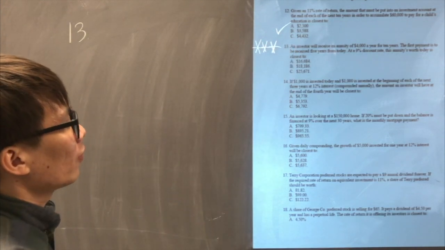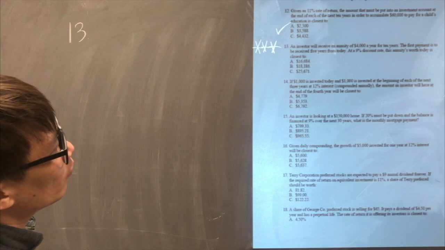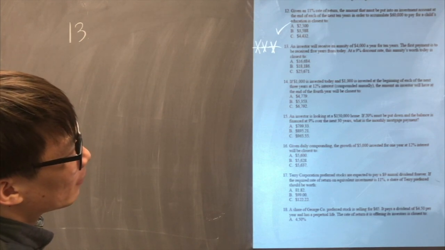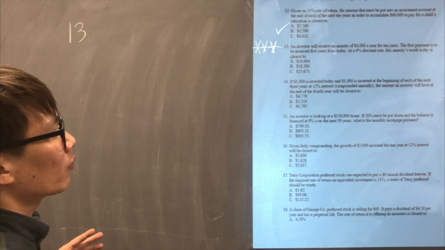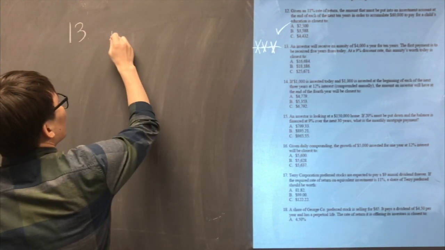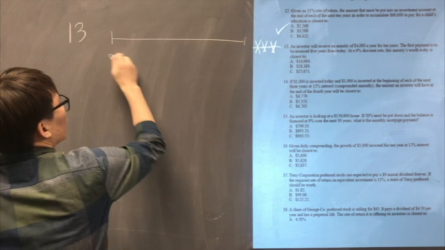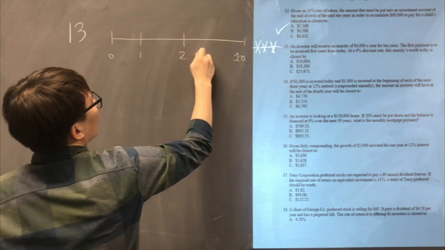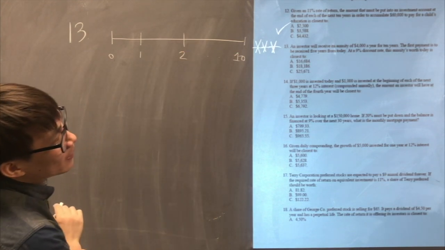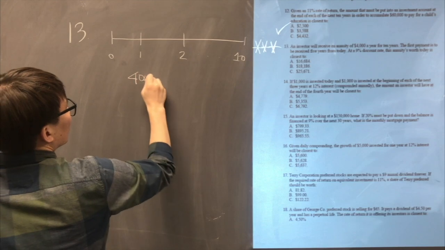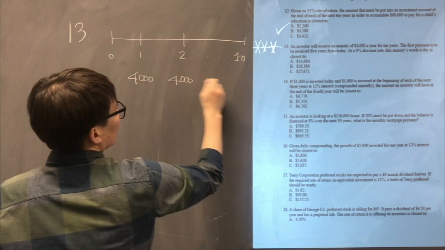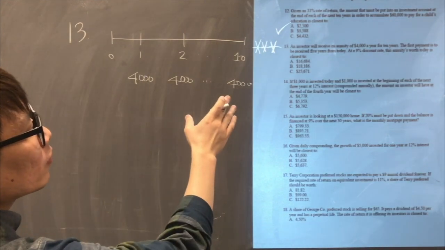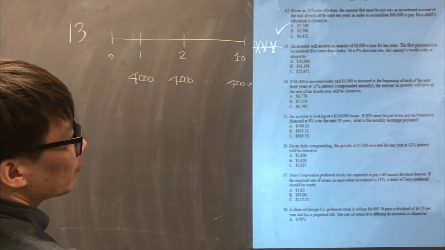An investor will receive an annuity of 4,000 a year for 10 years. Very simple. It looks like 0 to 10 years, 1, 2, and he or she receives 4,000. The first payment is to be received 5 years from today.